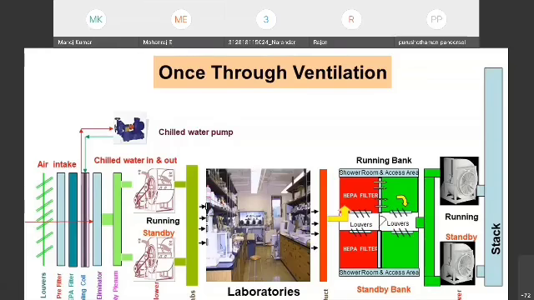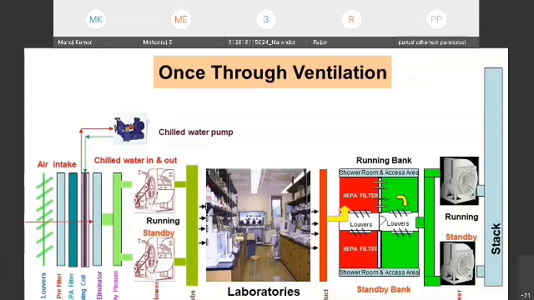So for safety, we have a once-through ventilation system. Though this is a costly affair, we do not go for recirculation, as a safety measure.